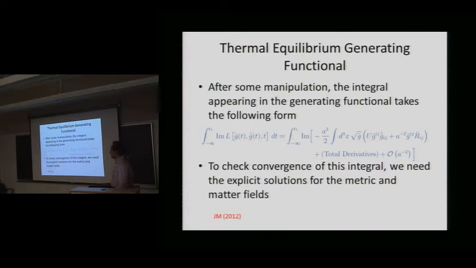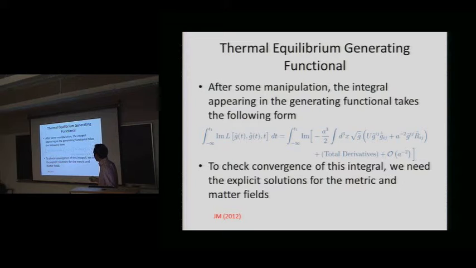In this case, what we find is that the integral that appears in the generating functional takes this form. I'll come back and specify exactly what these quantities are. I'm also skipping a lot of steps here because it's a lot of algebra.